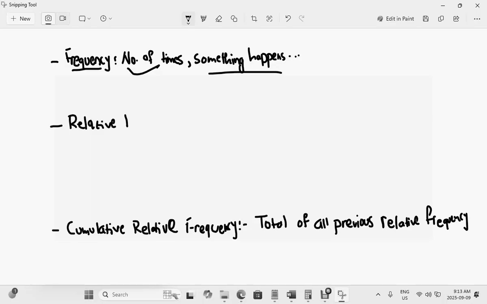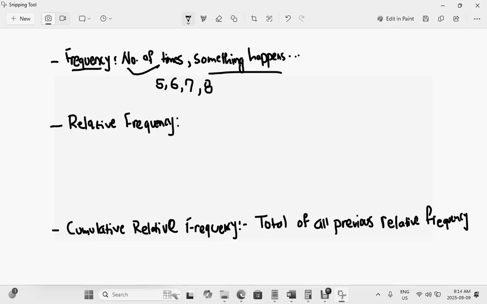So relative frequency. Say for example, the frequency of something happening, let's say lightning, is 5, 6, 7, 8, and so on and so forth.